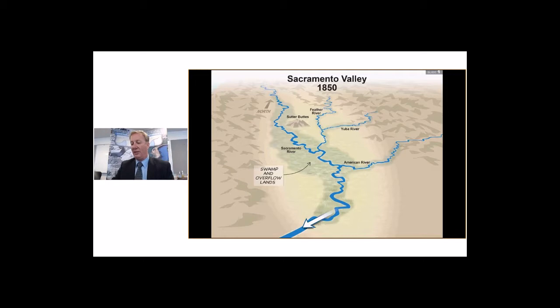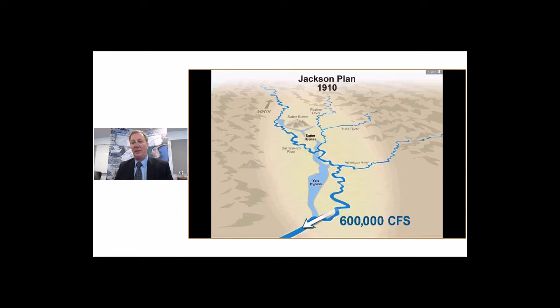As time went on and as settlements occurred in the Central Valley, it became clear that a bigger engineering solution was needed. In 1910, the Jackson Plan was created, which created the system that we have today, that aspect of bypass, starting with the Butte Sink, Sutter Bypass, working out to the Yolo Bypass.